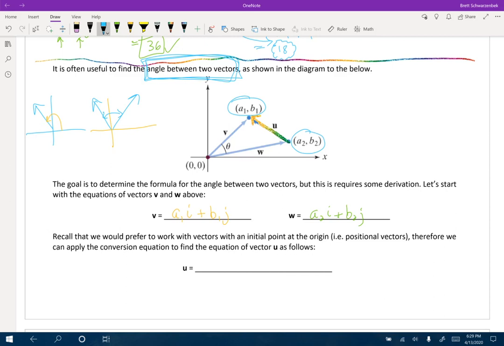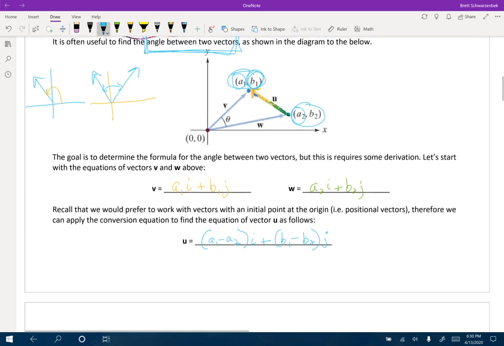What was that? That was simply taking the difference of the components of each one, i and j, and then putting a plus sign between it. That was our initial formula long ago. So if we were to do that again, we would take our a1 minus our a2, so our terminal first component minus our initial component, with an i, plus we're going to take our b1, which is our terminal b component, minus our initial b component, times j.